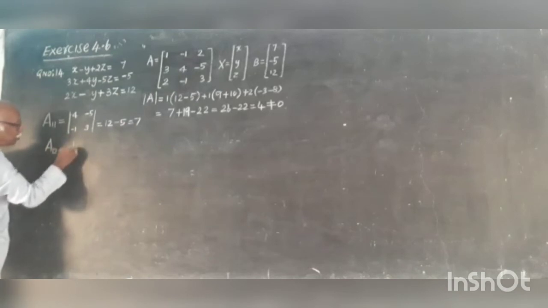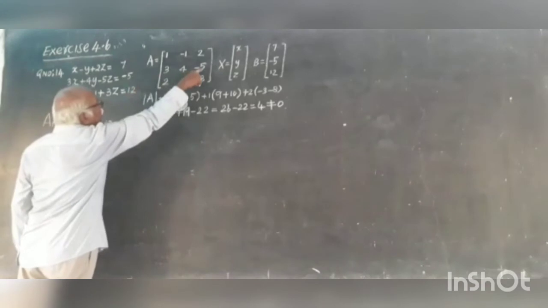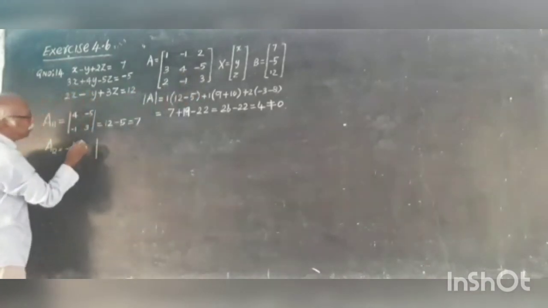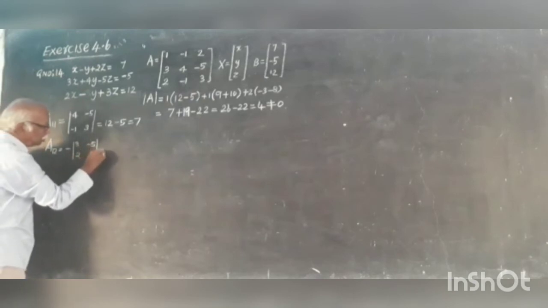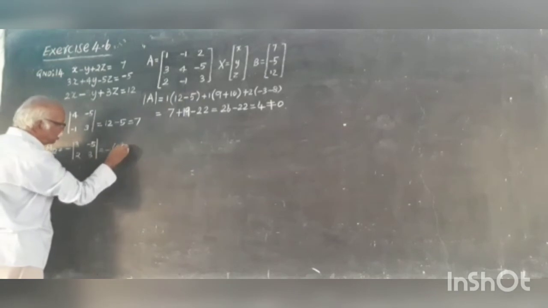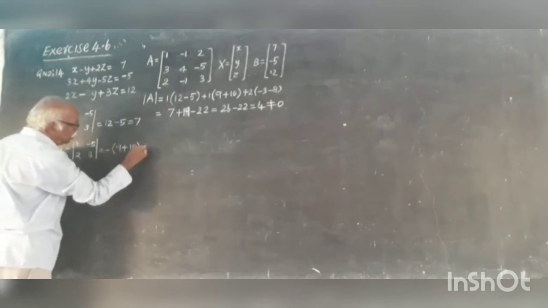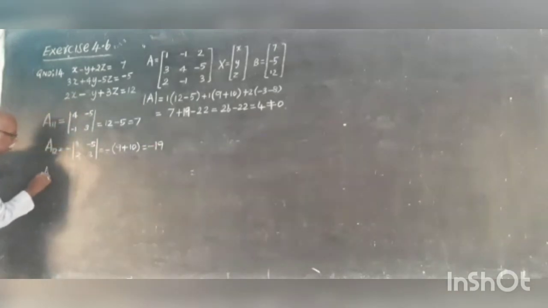A12 negative. A12: 3 minus 5, 2, 3. Then minus of 3 into 3, 9. 9 plus 10, 19 and minus 19.